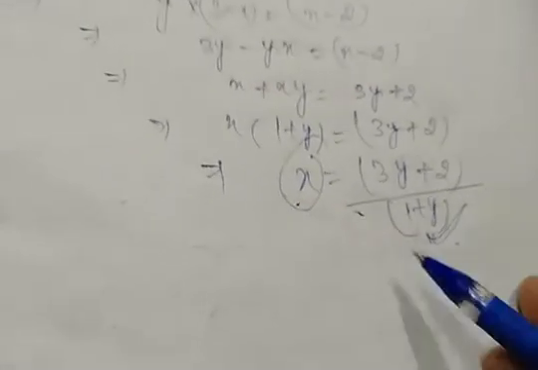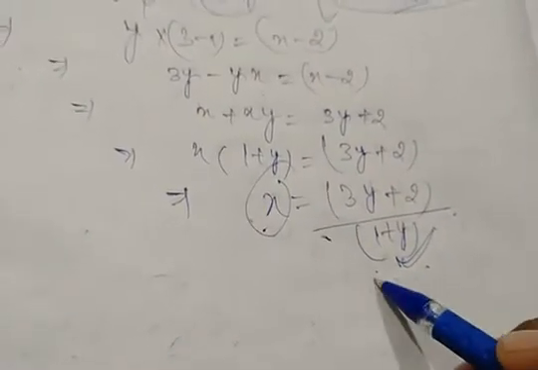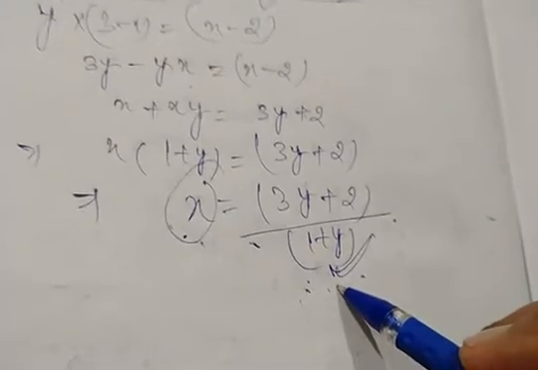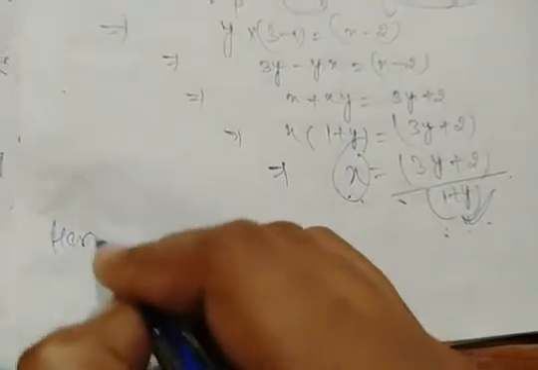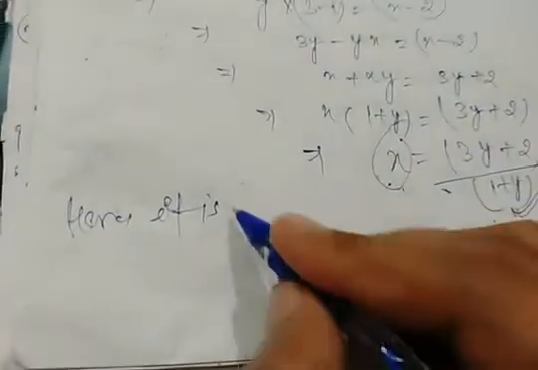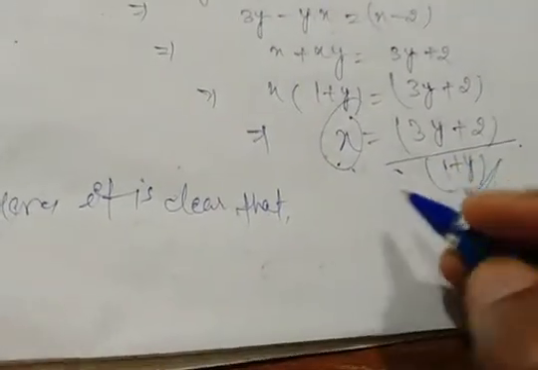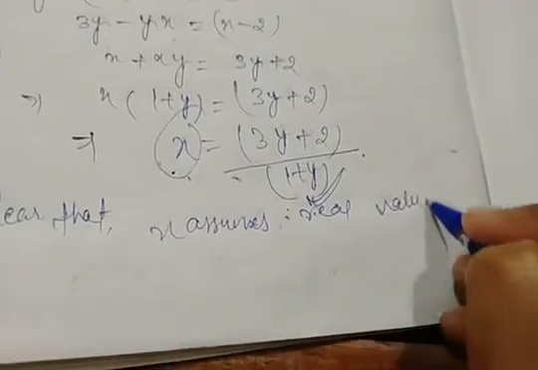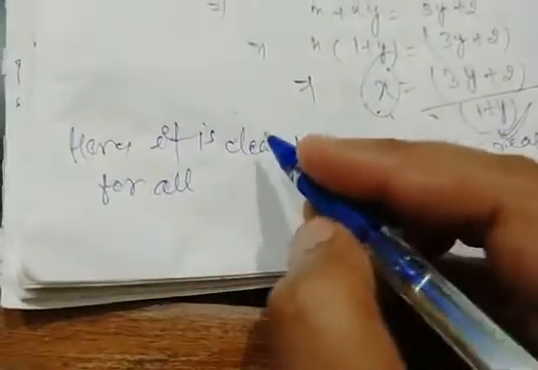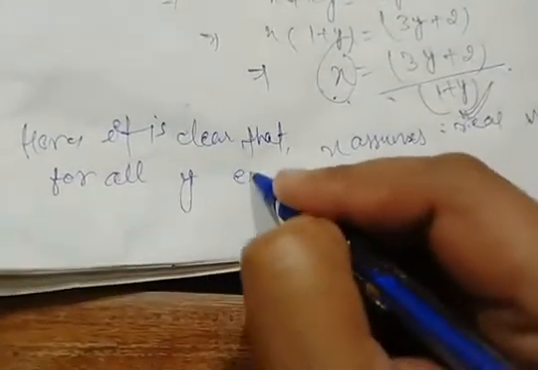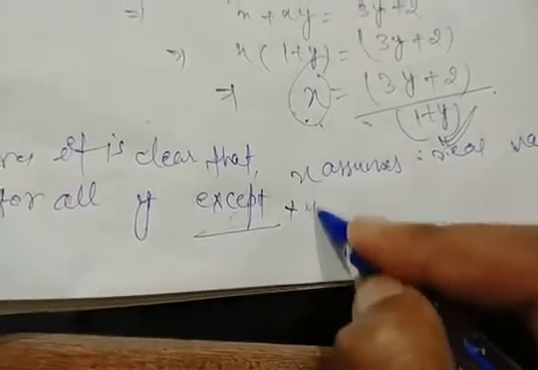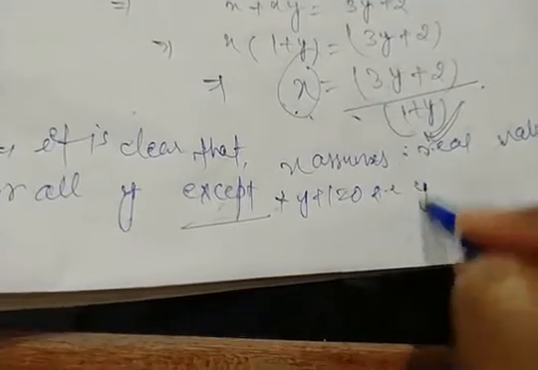Here it is clear that x assumes real values for all y except when y plus 1 is equal to 0, that is y is equal to minus 1.